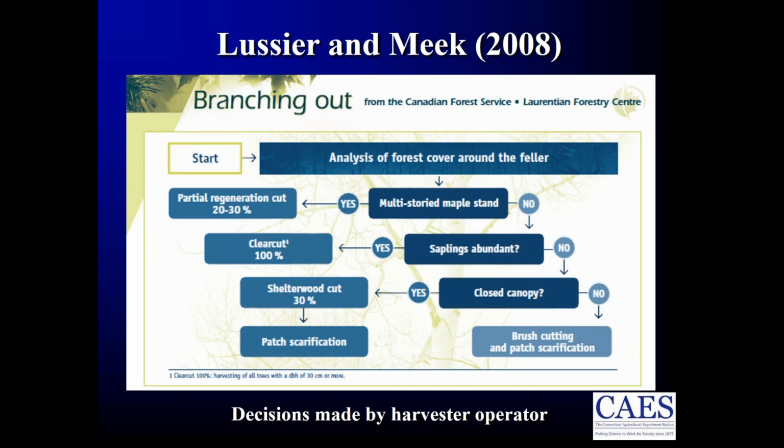System of training the loggers going out there with mechanized equipment to recognize 4 different stand conditions, and then to let the loggers decide what they were going to do. And they found out with training and feedback that the loggers 90% of the time would do the same treatment that the foresters would do.